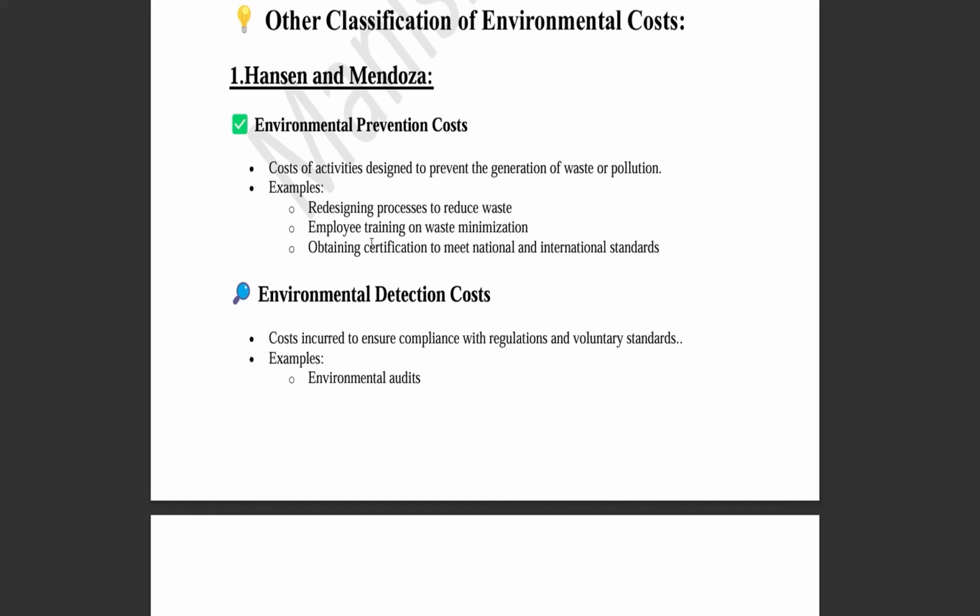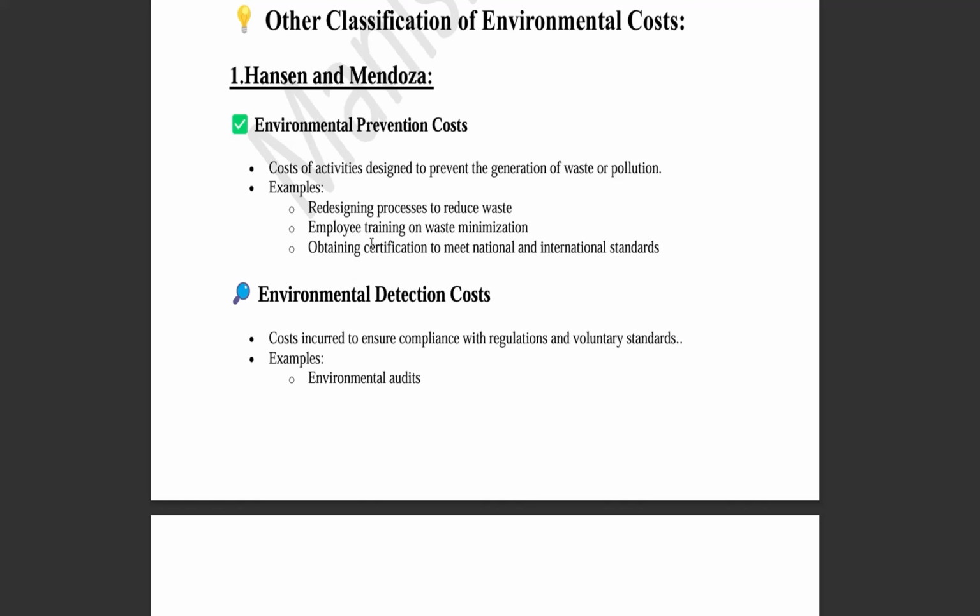Okay, so let's have a recap of what these four kinds of environmental cost classified by Huston and Mendoza are. Environmental prevention cost means all those costs of activities designed to prevent the generation of wastage or pollution. For example, we are redesigning our process so that the final waste will be reduced. So we are preventing waste from happening.